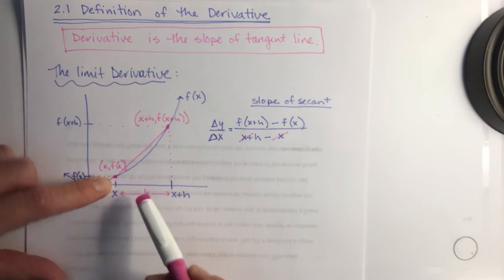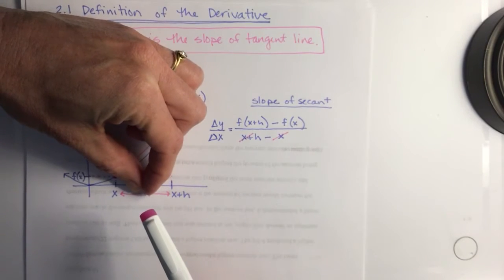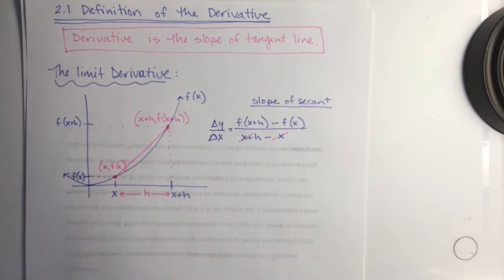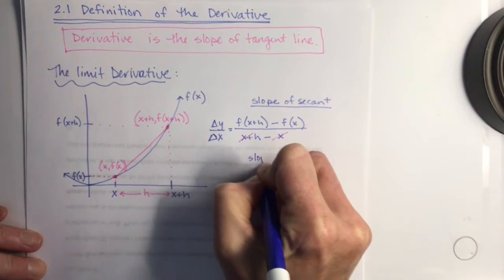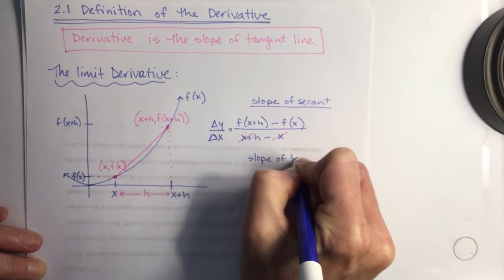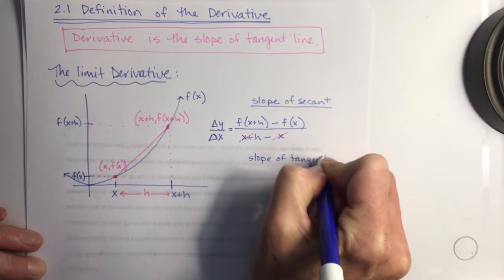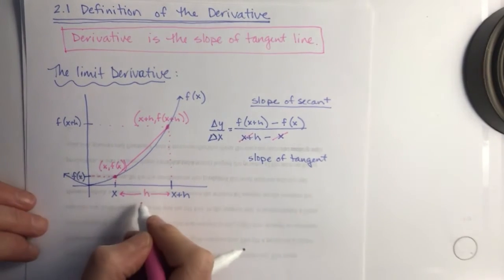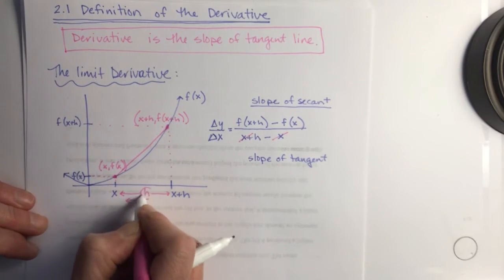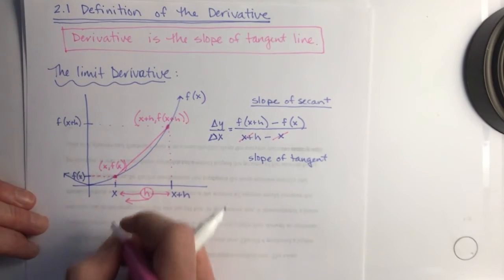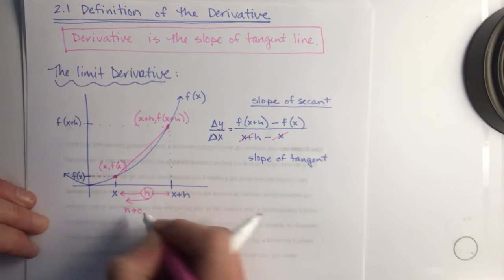So this h is going to get smaller and smaller, so we are going to take the limit. We force h to go to 0.